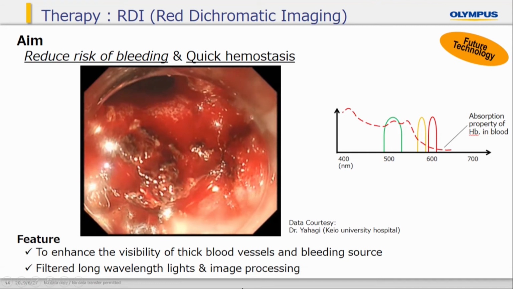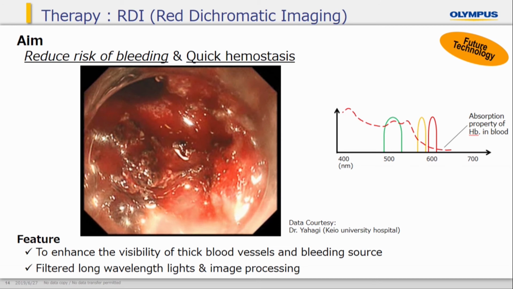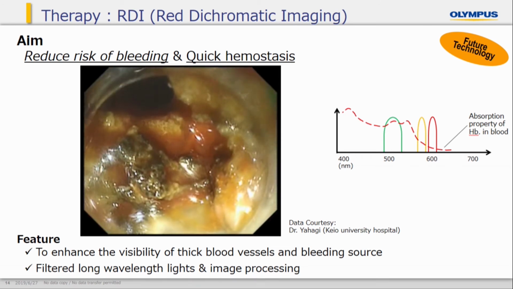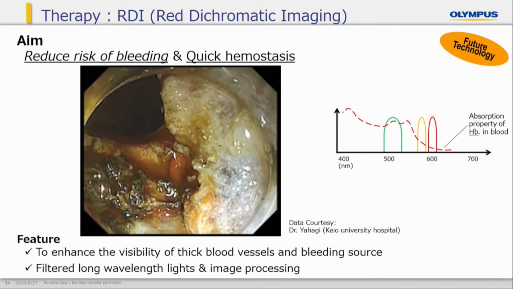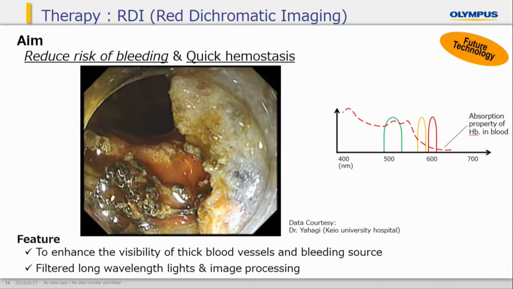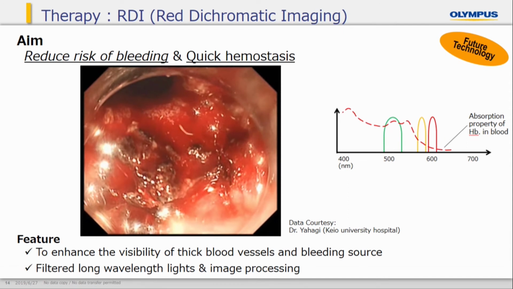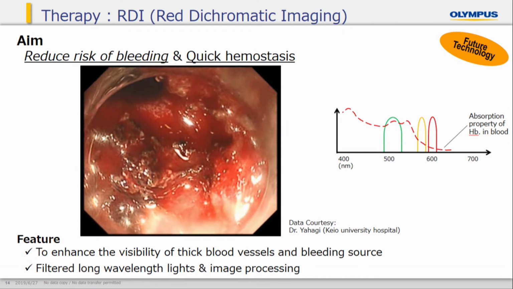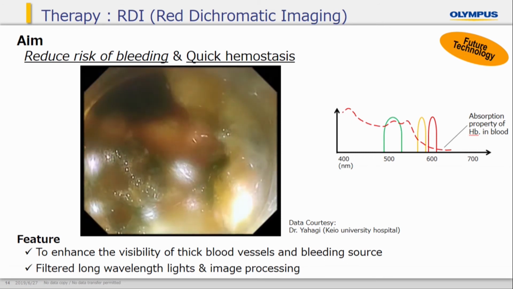This picture shows the normal white light movie, and when we change to RDI, we can easily identify the bleeding spot, like that. Still, this is a prototype, but we'd like to finalize this technology and launch it to the market as soon as possible.